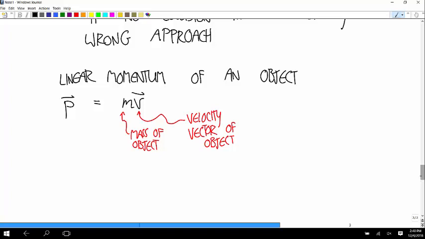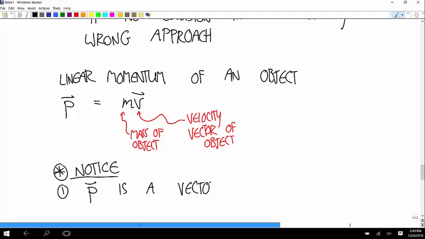There are a couple of things to notice about this. The first one is that this is a vector property, so it has direction. So p is a vector. And that means that linear momentum has a magnitude and a direction.